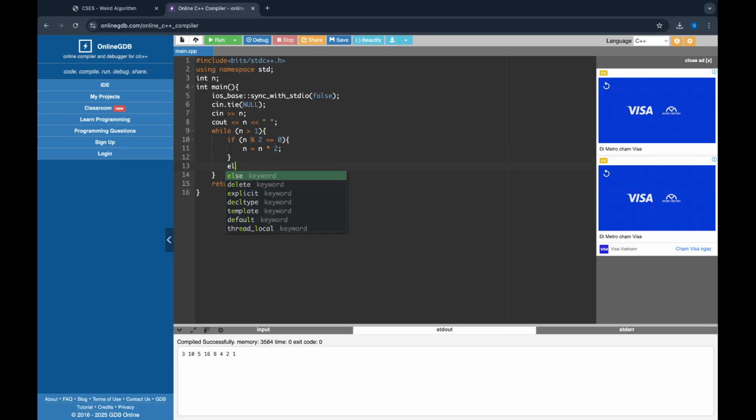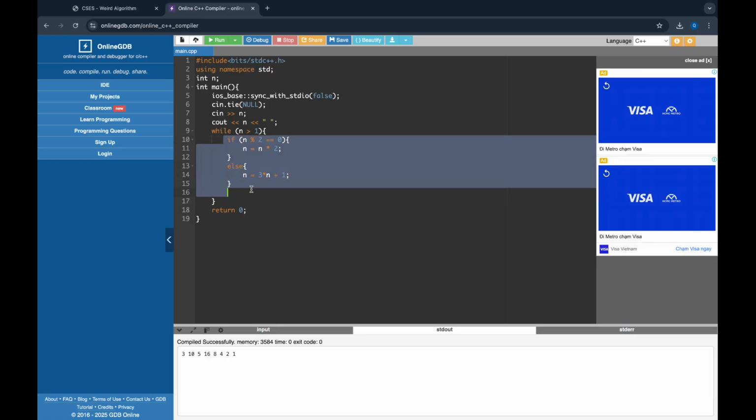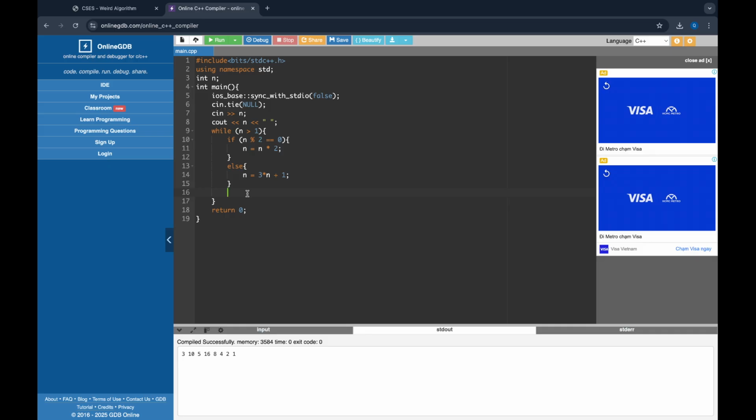If n is not an even number, we have to multiply it by 3 and plus 1. After every condition of n, whether n is even or odd, we have to output the n. So I'm gonna use cout n and a blank space.